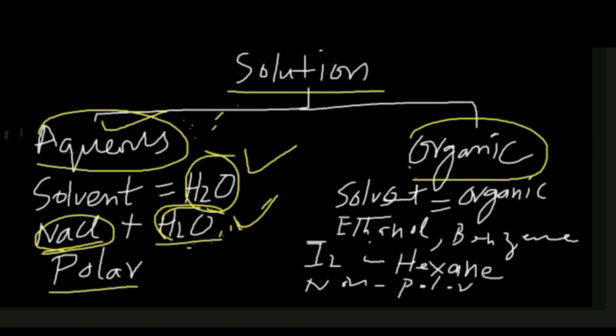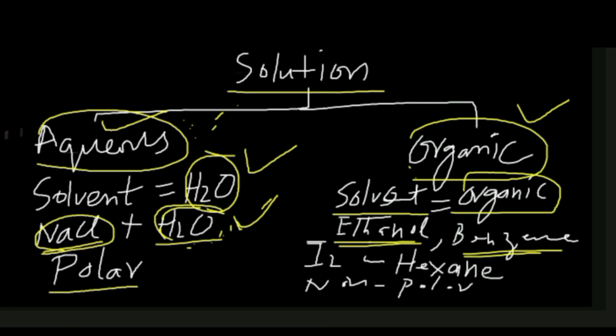On the other hand, organic solutions are formed by dissolving a substance in an organic compound like ethanol, benzene, and ether also. In this case the solvent is an organic compound such as ethanol, benzene, and ether. An example of this solution is iodine dissolved in hexane.